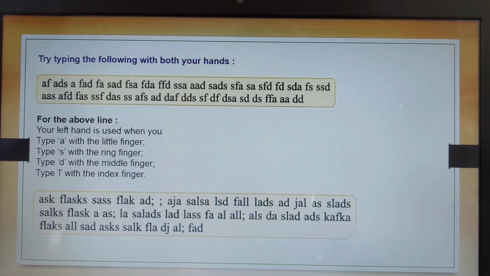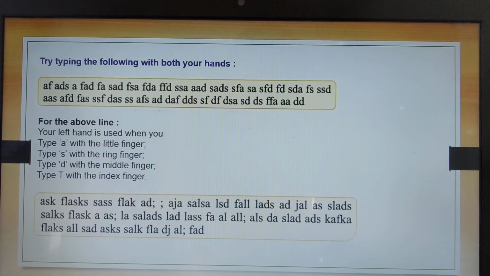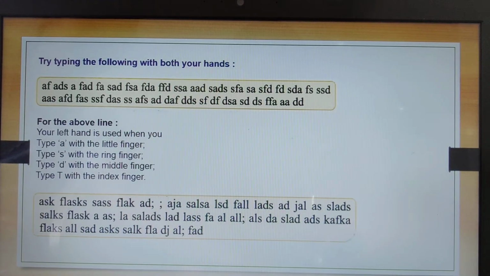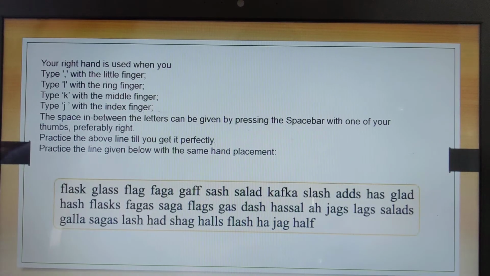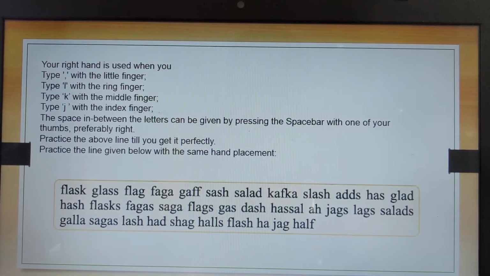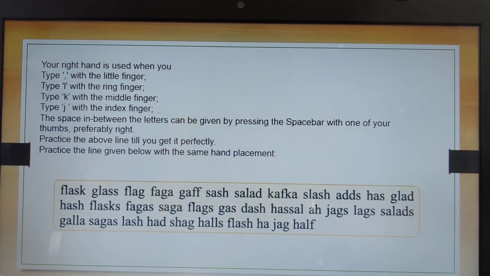And the next says ASK, now space, FLASKS, and so on. So you will just see and type very slowly how these things are moving and how you will use your fingers. You are learning only to use your fingers, children. It tells you which finger to place where: semicolon, comma, L, K, J, everything.